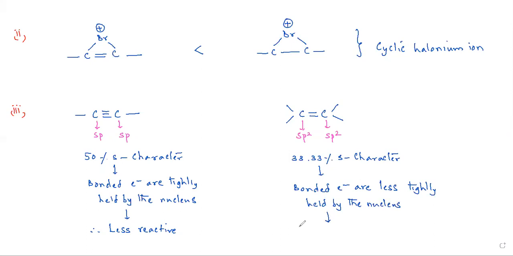As a result, they'll be very much ready in comparison to alkynes to participate in reaction. Therefore, they are more reactive. So these are the reasons why alkynes are less reactive, though being with two pi bonds, than alkenes which have just one pi bond. Okay.